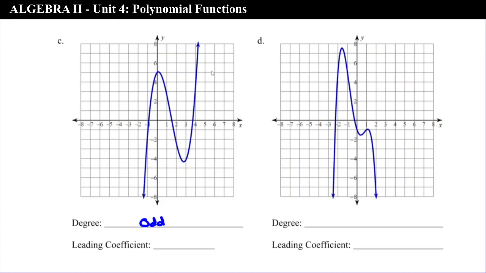And overall, we are increasing. So our leading coefficient is positive. And then for this last one, both of our arrows are pointing in the same way, so our degree is even. And because we're generally concave down, our leading coefficient is negative.